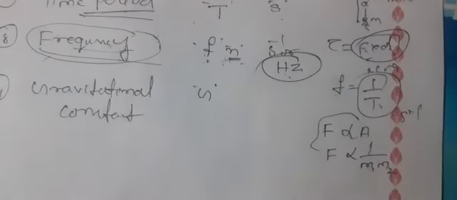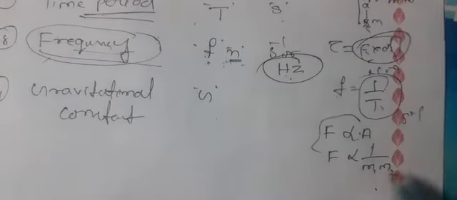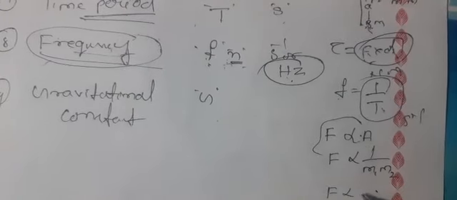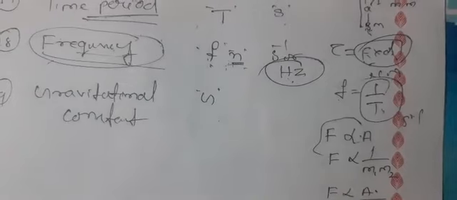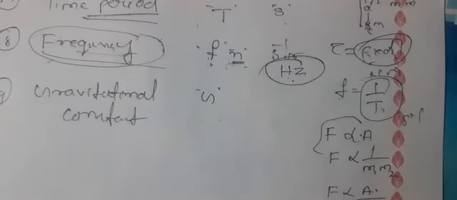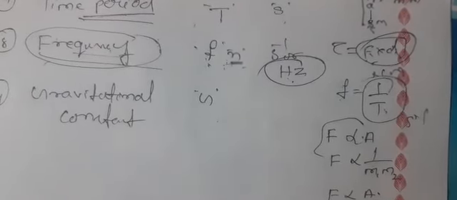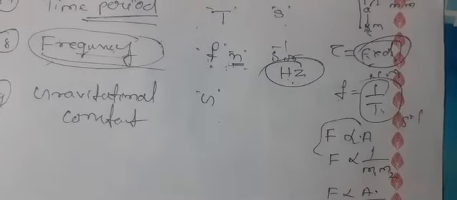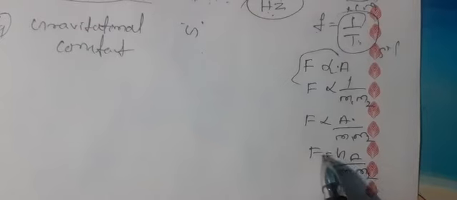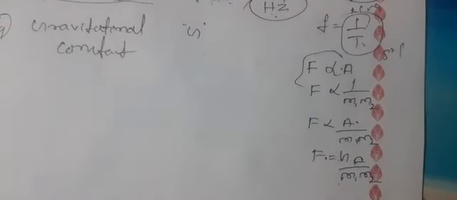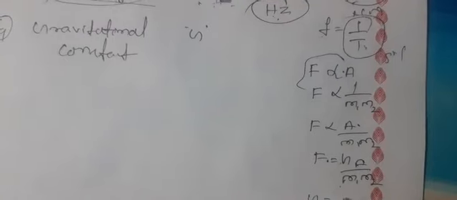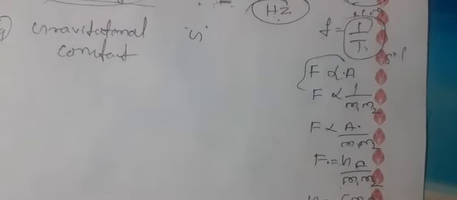Combining these two, F is proportional to M1 into M2 by the distance squared. When you remove the proportionality, G is a constant, called the gravitational constant. F is equal to G M1 M2 by the distance squared. So G is equal to F into the distance squared divided by M1 M2.